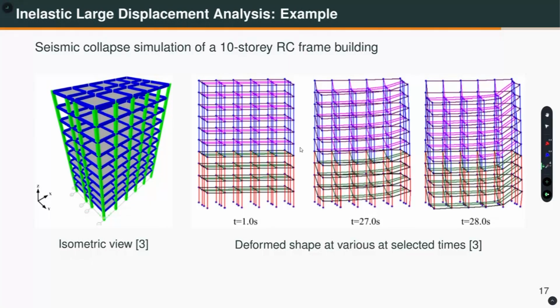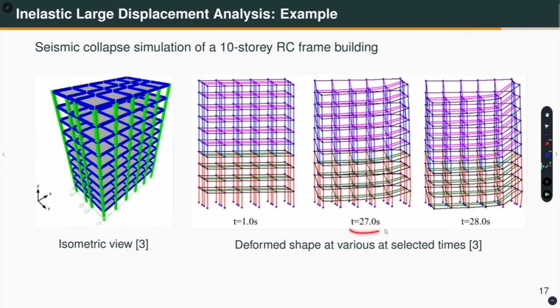An example I am showing you is the seismic collapse simulation of a 10-story reinforced concrete frame building, which is subjected to bidirectional ground motion of increasing amplitude. Here I am showing a particular case: at time t equal to 1 second, the building is like this.